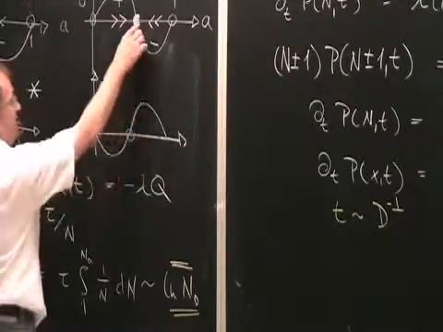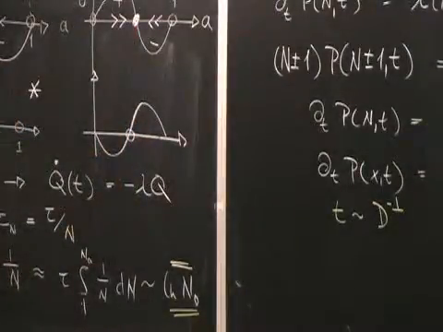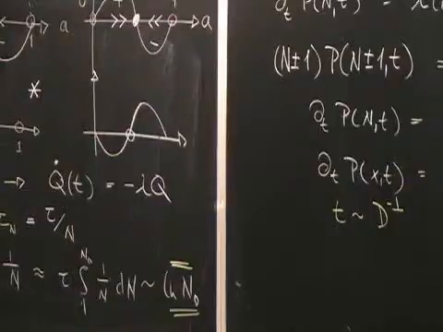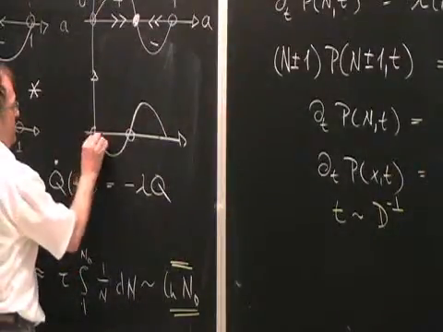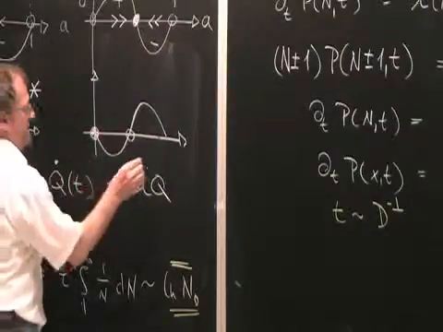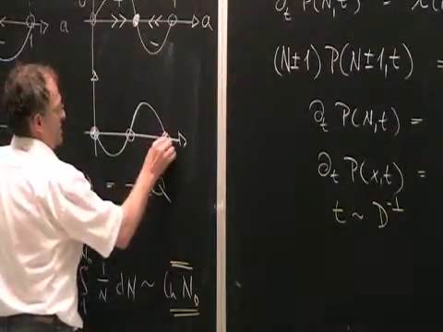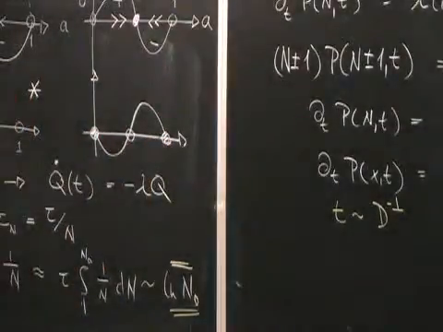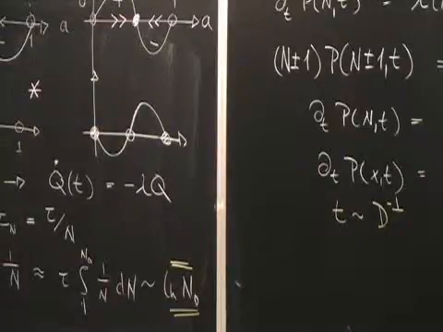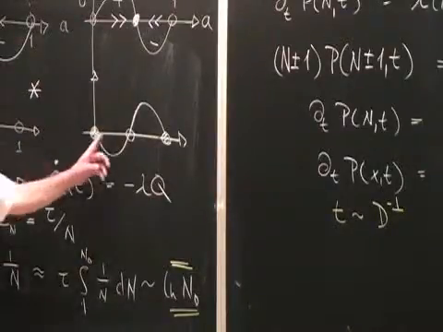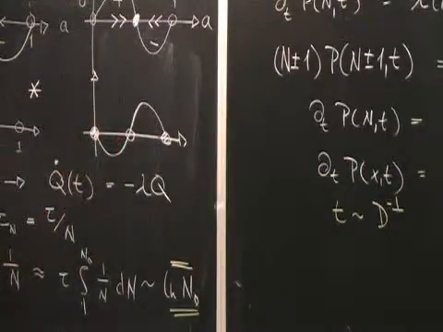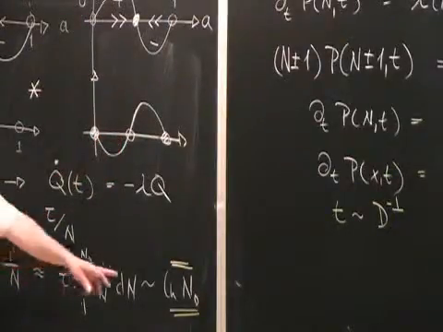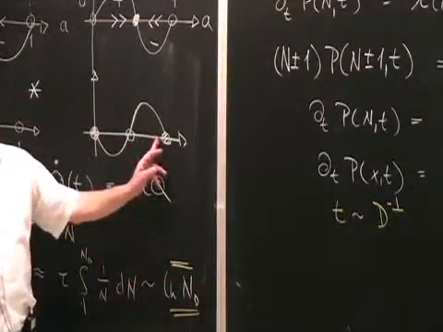Here, instead of a stable fixed point, you have an unstable fixed point in the middle, and then you have stable fixed points at the boundaries. In that case, you are still in the regime that if you are here and going that way, it would take you a logarithm in n naught, and here the same way.